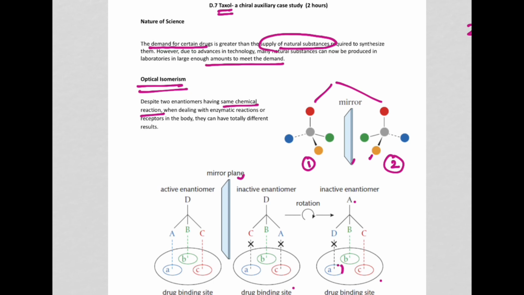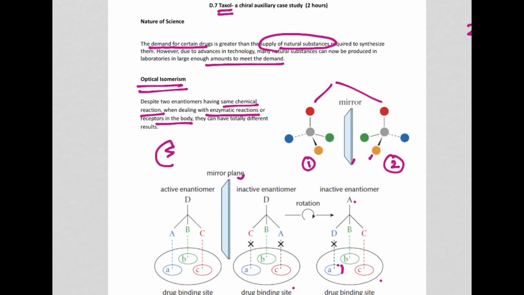So when optical isomers go into receptors of the body, because we're dealing with enzymatic reactions, you have the lock and key mechanism, where the molecule has to fit in the enzyme in a particular way.